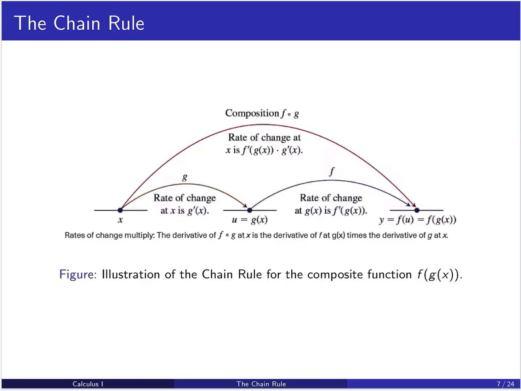So when u changes, y changes at rate f prime of u, which is equal to f prime of g of x. The chain of rates links x all the way to y. This is literally why it is called the chain rule. You are chaining together the individual rates of change.